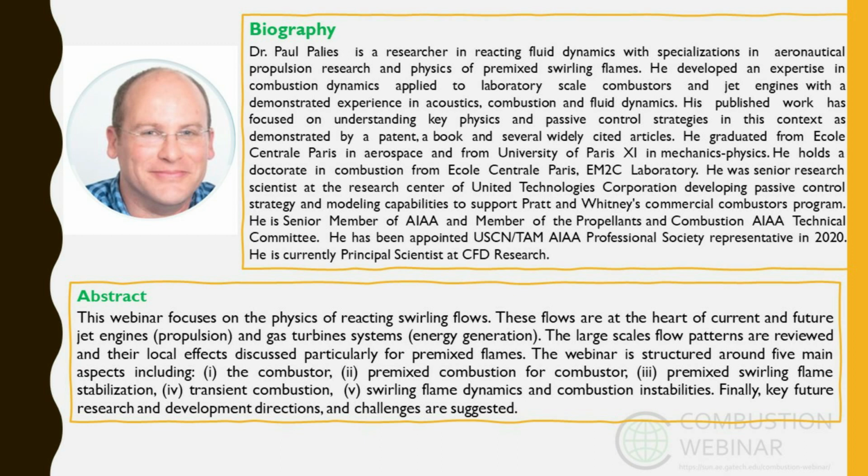He was a senior research scientist at the Research Center of United Technologies Corporation, now Raytheon Technologies Corporation, developing passive control strategy and modeling capabilities to support Pratt and Whitney's commercial combustor program. He is a senior member of AIAA and a member of the Propellants and Combustion AIAA Technical Committee. He is currently principal scientist at CFD Research.